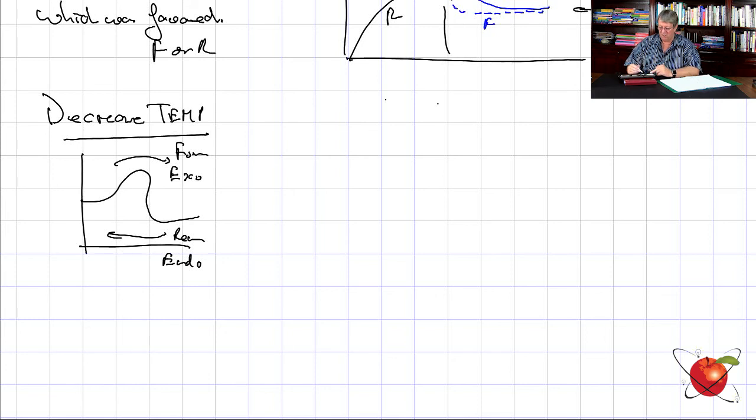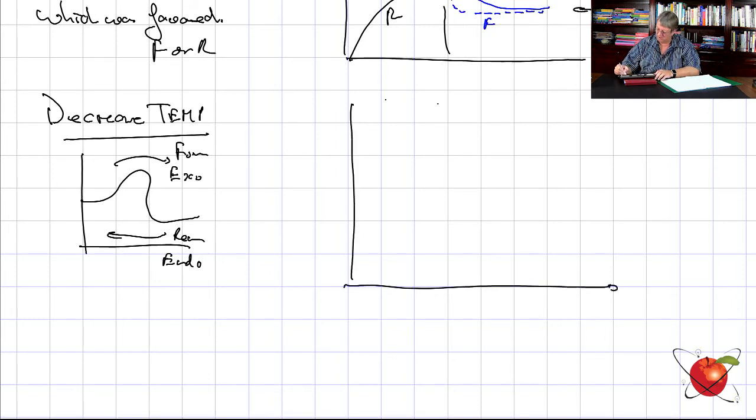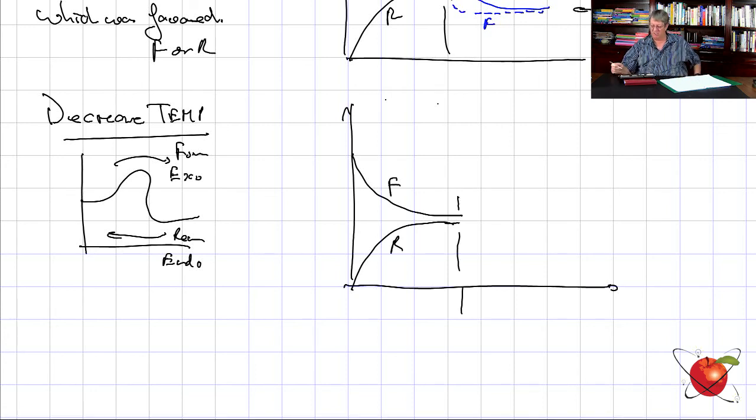Decrease the temp, right, here's my graph. The first thing I ask is, there we go, forward and reverse. And this is where I make my change. I'm going to do it in blue. Maybe I should have done them all like that. My apologies for not doing it in color.